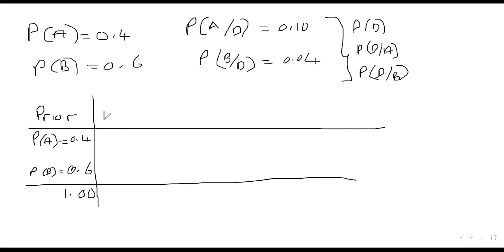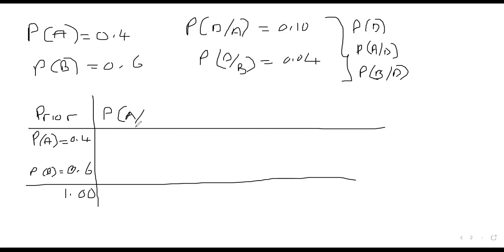Then we go to the conditional probability, which says D given A. In fact, this is supposed to be probability of D coming from A, and D coming from B. Then here the opposite, A given that D was effective, B given that D was effective.